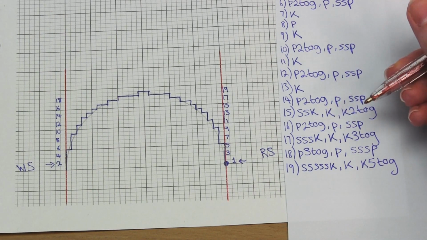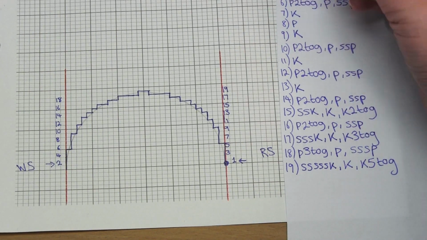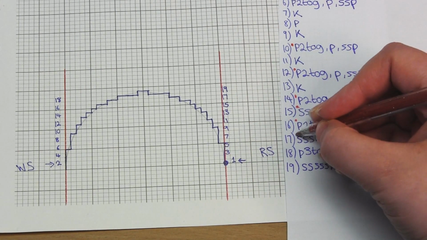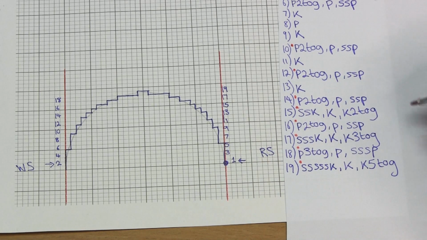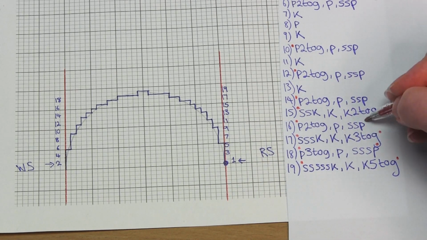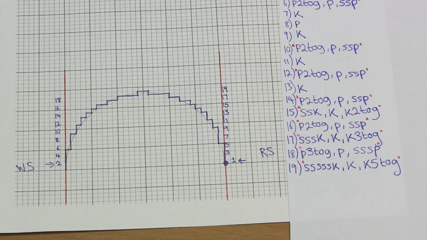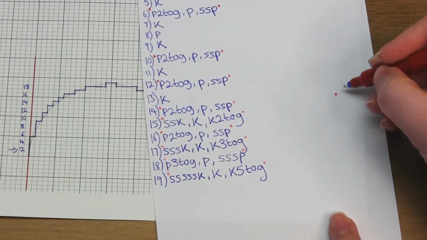Now, as in the previous example, I want to have a knit stitch or a purl stitch between every increase or decrease and the knitted edge. So everywhere I'm putting a red dot now, I'm going to put a knit stitch if it's a right side row, or a purl stitch if it's a wrong side row.